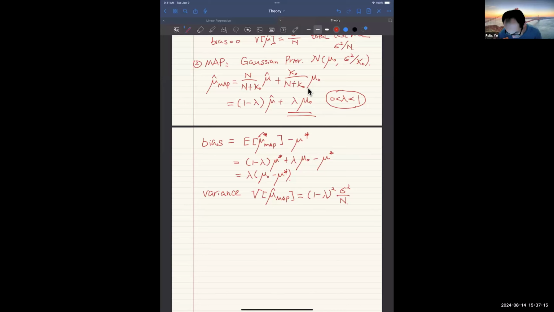Although this MAP estimation is biased if we assume lambda is bigger than 0, obviously we have lower variance in general.